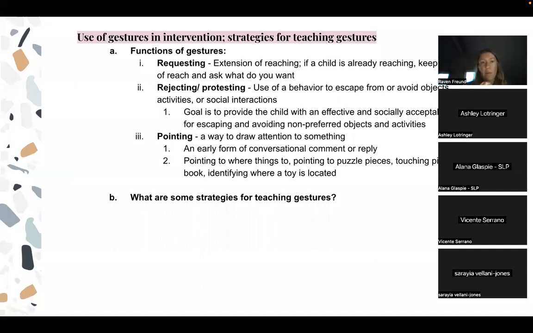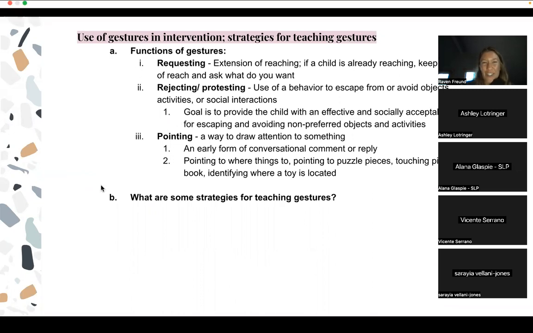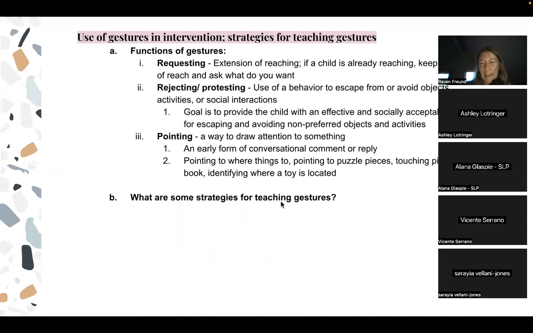Right now we're talking about why children use gestures. But yeah, providing binary choices is a great thing to do in therapy with any kid who maybe doesn't want to communicate. So there's a lot of overlap between topics, which makes it a little more difficult to study, I feel.